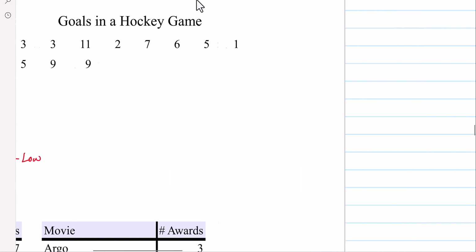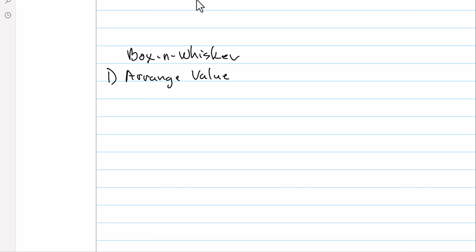All right, so let's review. For a box-and-whisker plot, arrange values least to greatest.